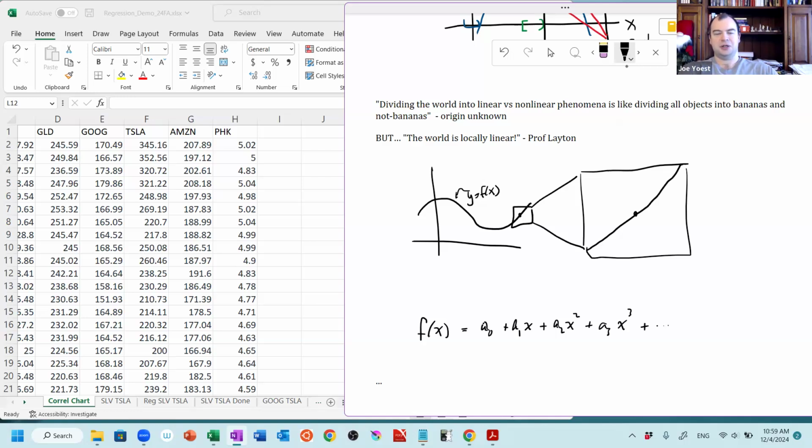This idea is called a Taylor series. Super interesting idea, super useful in applied science fields like physics, chemistry, economics. But again, I can chop off these higher order terms and get an approximation.